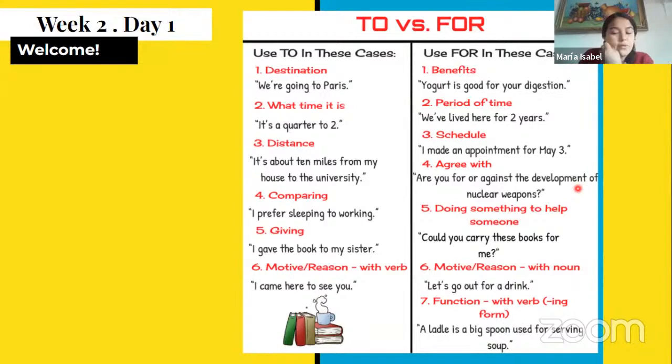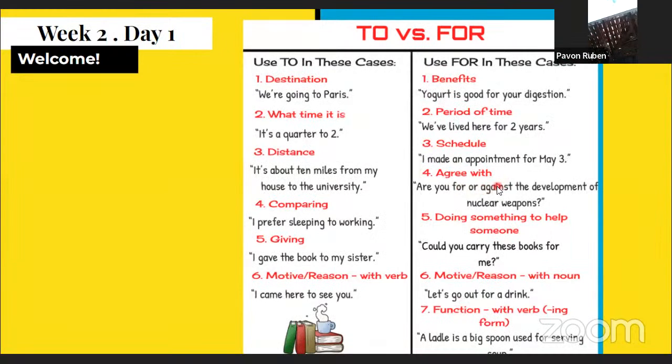Como tú estés de acuerdo con el desarrollo de las bombas nucleares, ¿verdad? A favor o en contra. Against means en contra. For means a favor. De acuerdo sería. También se puede decir agree en lugar de decir for, ¿verdad? Yes.